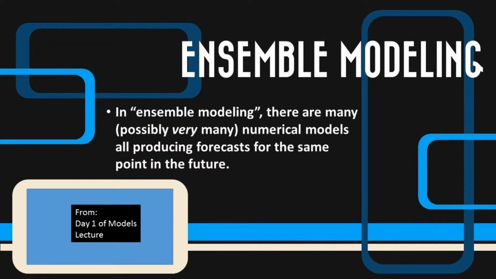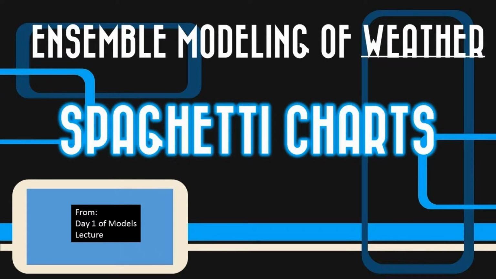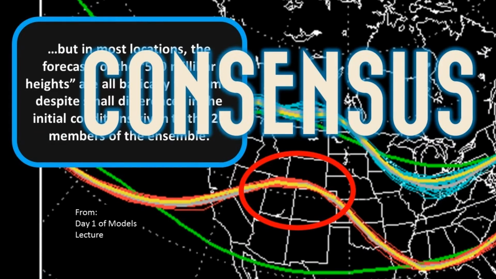Those are good words to know, and to be able to walk through how we come up with an ensemble of models, how each member of the ensemble is different from the others, and how we can use things like spaghetti charts to determine how long the models were in consensus, what consensus means, and how that informs us about the range of possible outcomes.